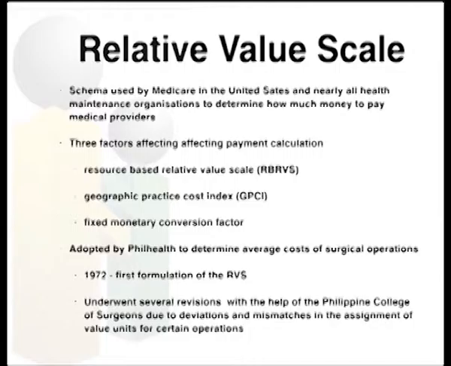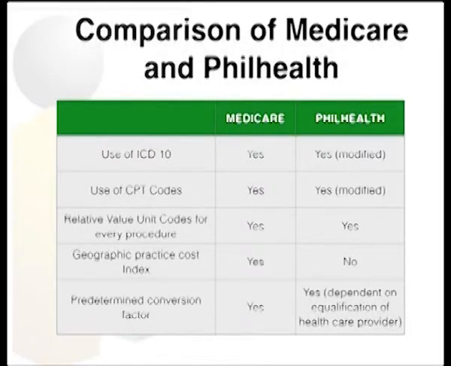This was adopted by Philhealth to compute average costs of surgical operations. This was first formulated in 1972 and has undergone several revisions. The following table shows a comparison of Medicare and Philhealth. Both use ICD-10 and CPT codes, but Philhealth had modifications for medical as well as surgical conditions to address its uniqueness.